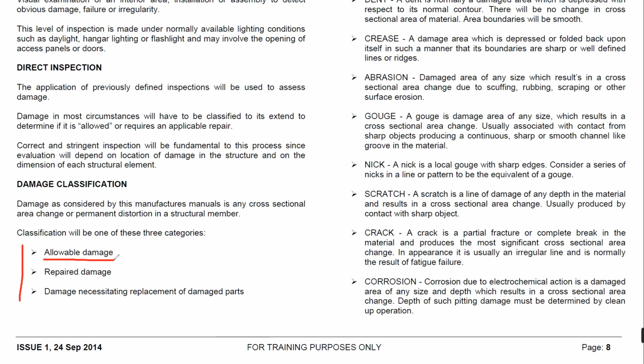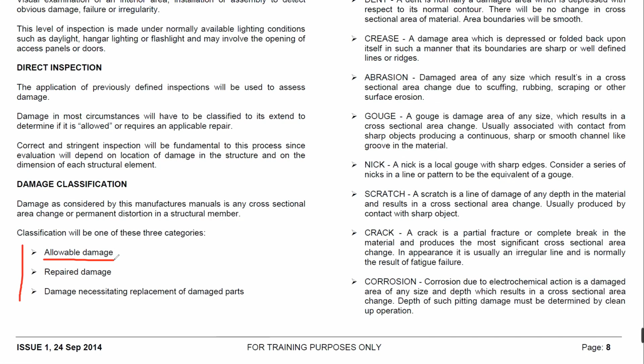Another option is when you check the table and yes, there is an allowable damage, but the problem is that your measurements are out of the limits. Then you cannot release the aircraft.